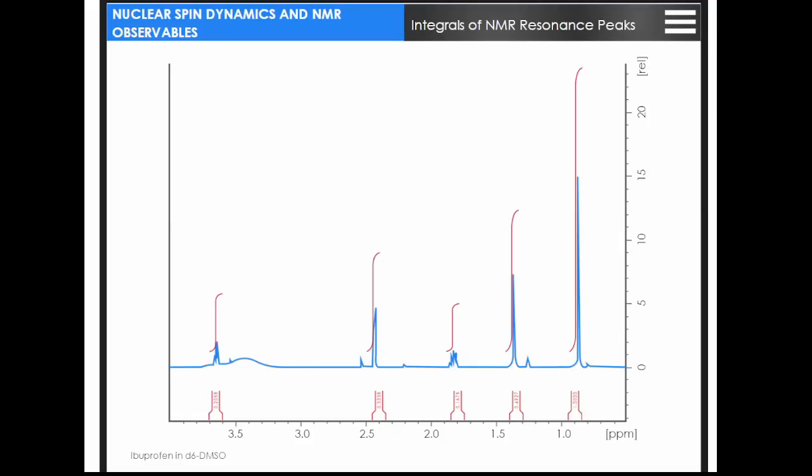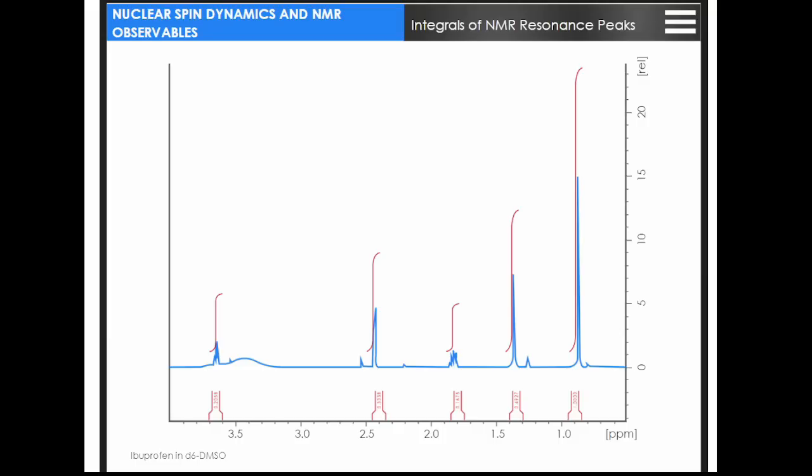NMR is unique among common spectroscopic methods in that signal intensities are directly proportional to the number of nuclei causing the signal, provided certain conditions are met. In other words, all absorption coefficients for a given nucleus are identical. This is why proton NMR spectra are routinely integrated, whereas IR and UV spectra are not.